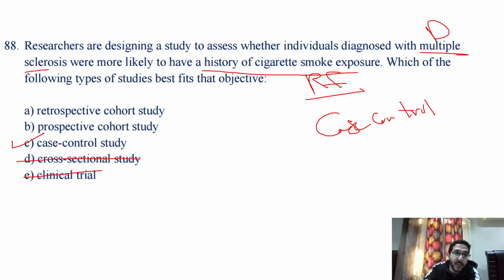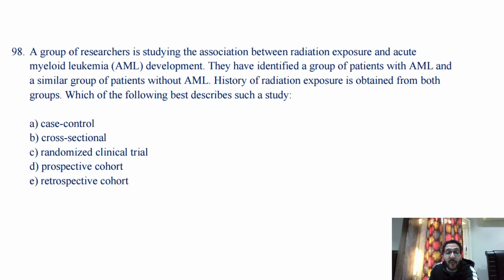So it's case control. Next, a group of researchers is studying the association between radiation exposure, which is the risk factor, and the development of AML, acute myeloid leukemia, which is the disease. They have identified a group of patients with AML, already diseased, and some similar patients but with no disease.